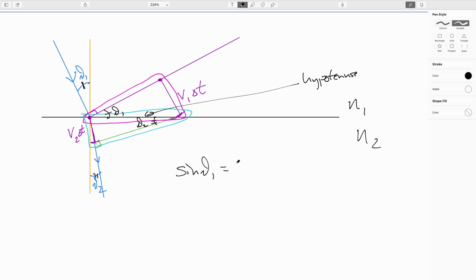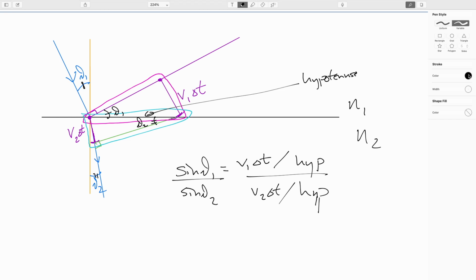This is the opposite, v1 delta t, divided by whatever this hypotenuse is, which won't matter because it's going to cancel. And that's because we're going to divide this by sine theta 2. And sine theta 2 is going to be the opposite here, which is v2 delta t over that same hypotenuse. So the small favors that we get out of this are that the hypotenuses cancel and the delta t's cancel.